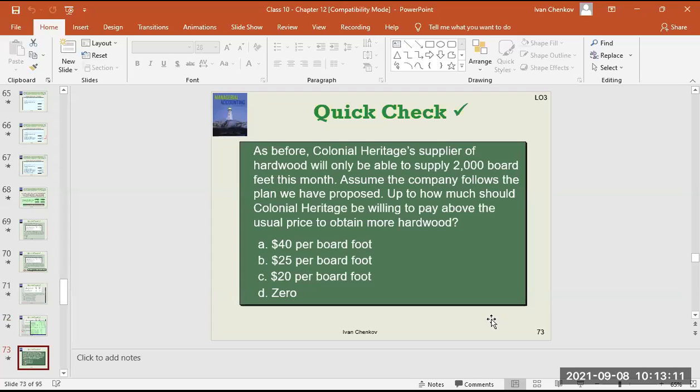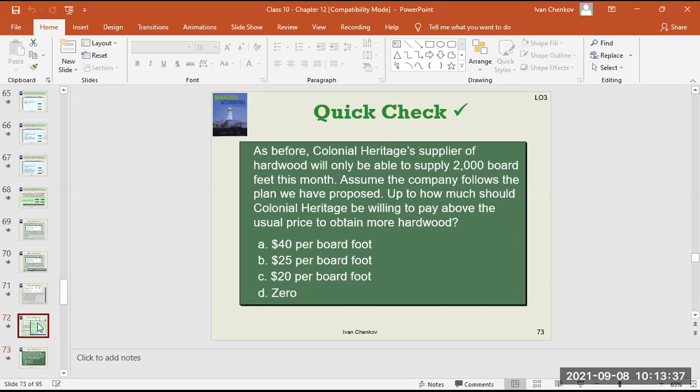Now, as before, this supplier of hardwood will only be able to supply 2,000 board feet this month. Assume that the company follows the plan we have proposed. Up to how much should we be willing to pay above the usual price to obtain more hardwood?